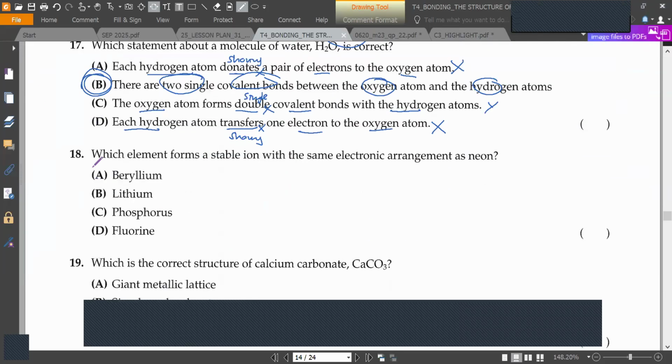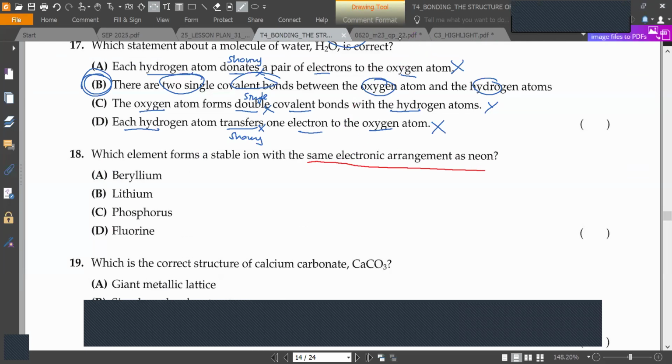Next. Which element forms a stable ion? It forms a stable ion with the same electronic arrangement as neon. Let's see.